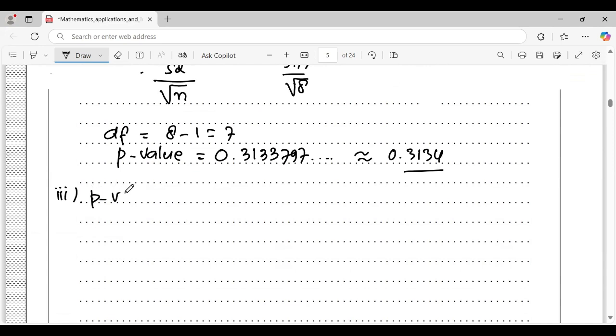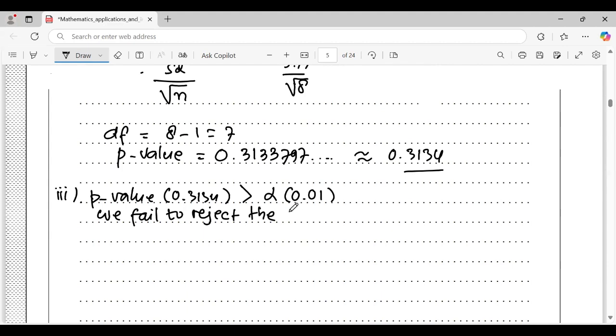So the p-value 0.3134 or 33 is greater than alpha. Alpha is 0.01. So it means we fail. The decision is we fail to reject the null hypothesis.